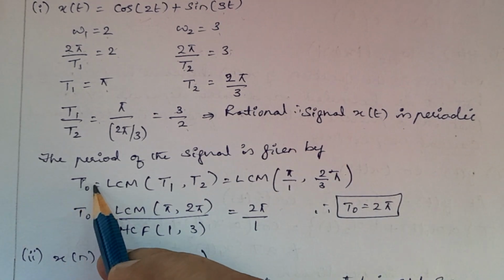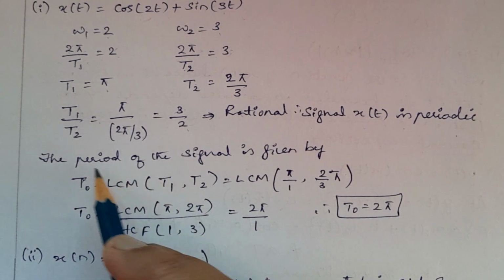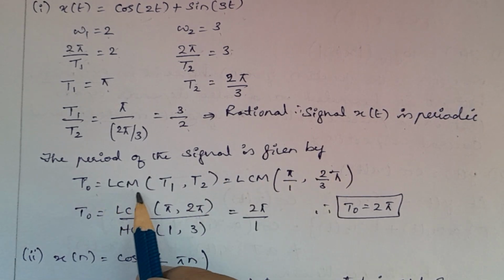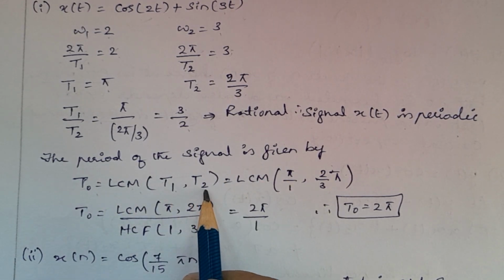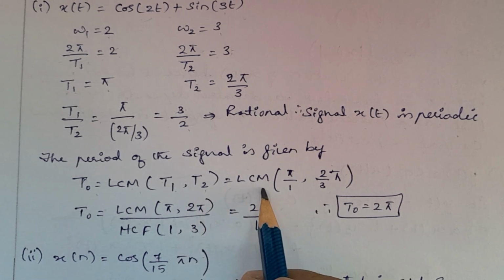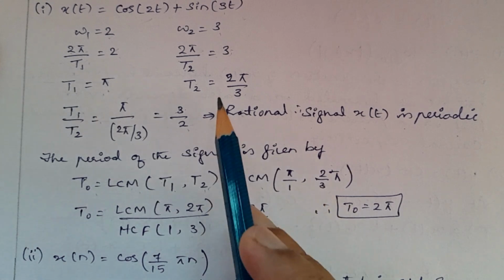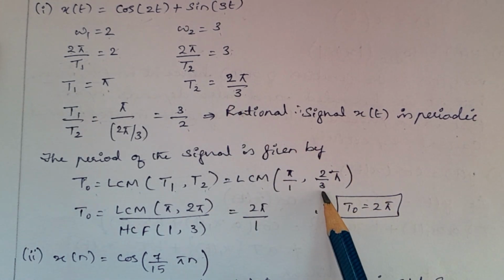Then find the fundamental period of the signal. The period of the signal is given by T0 equal to LCM of T1, T2. T1 value is pi and T2 is 2 pi by 3.